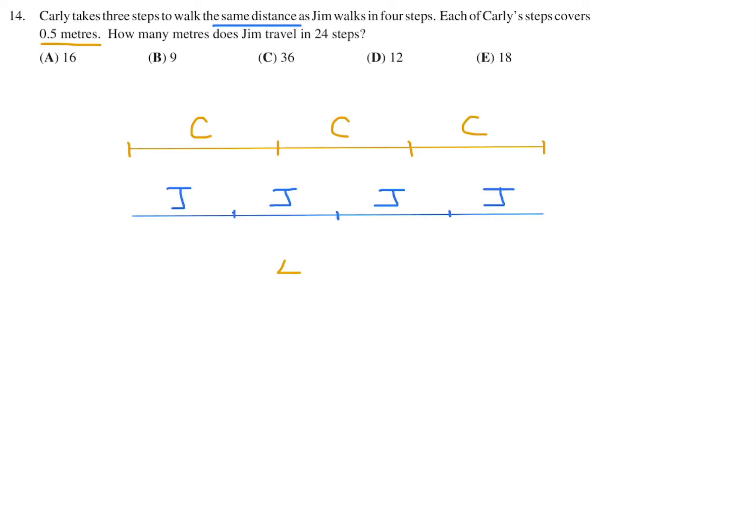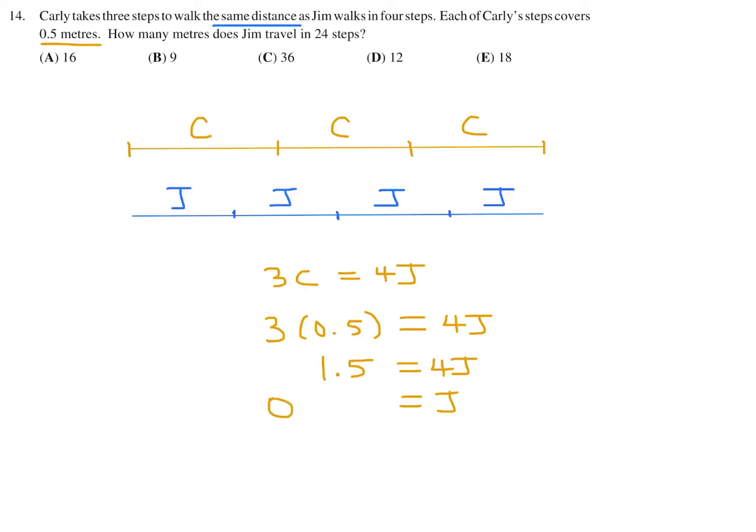So the mathematical formula will be 3C is equal to 4J, and C they tell you is 0.5, so I plug that in. So 1.5 is equal to 4J, and therefore J will be 1.5 divided by 4, which is 0.375.